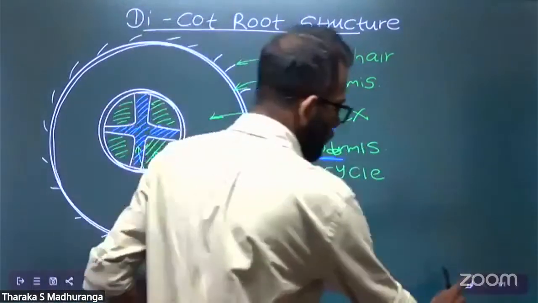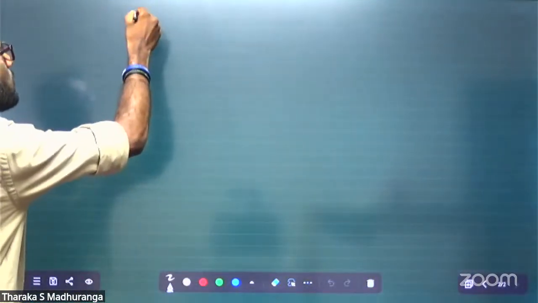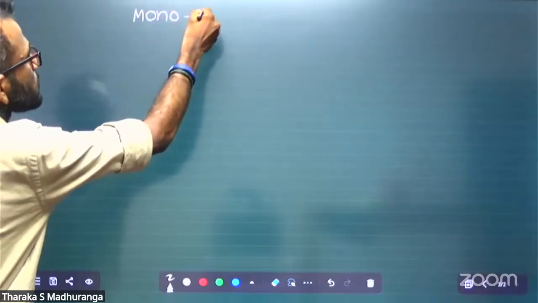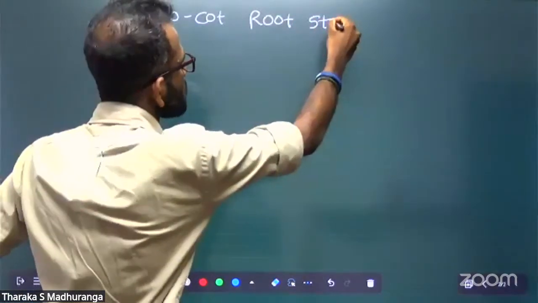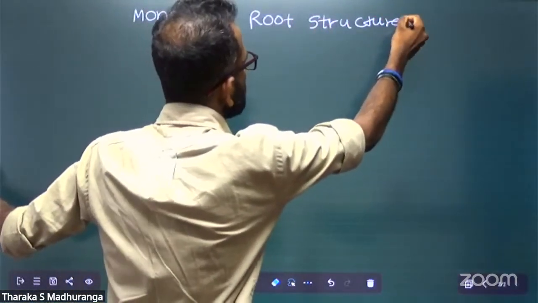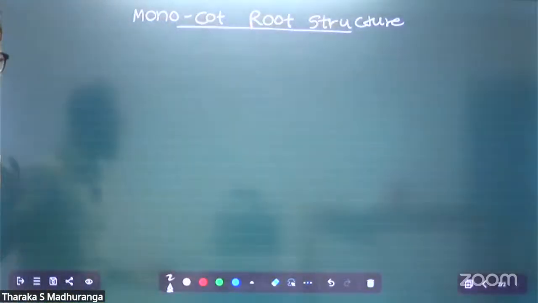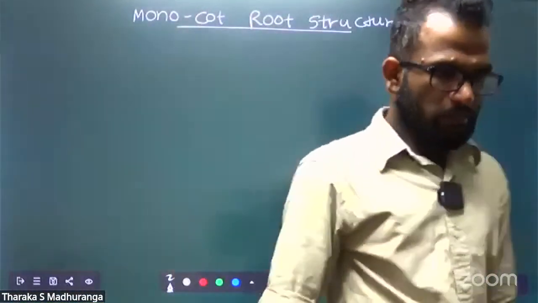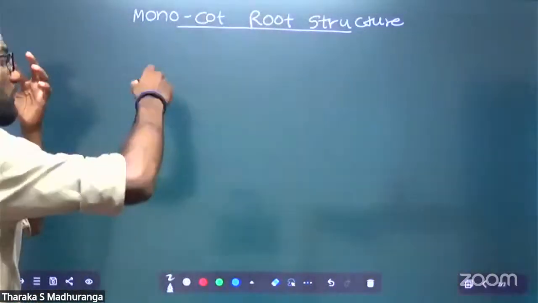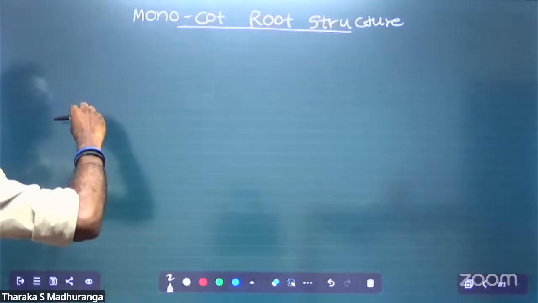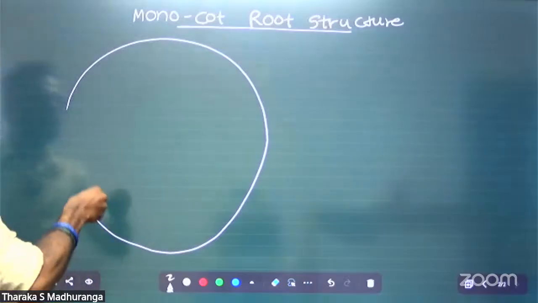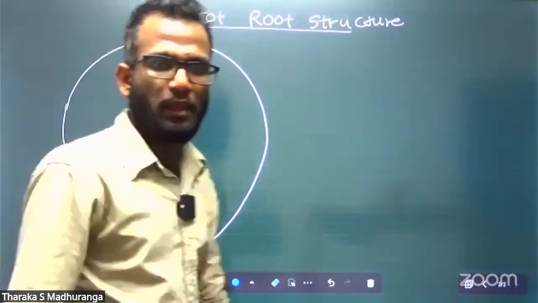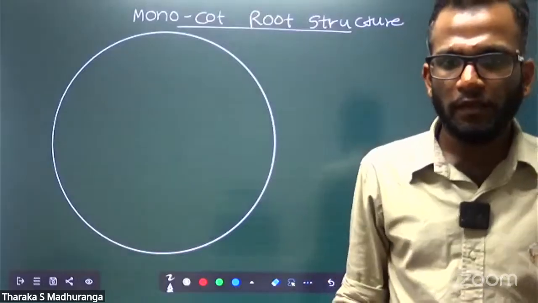Okay, let's move on to the monocot root structure. For the monocot root structure, take another A4 paper and draw a circle.